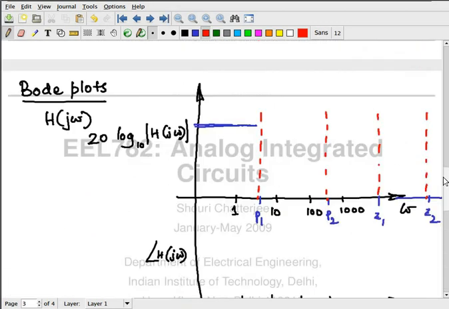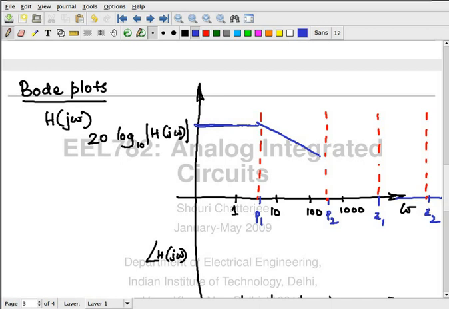So we go back to our curve and we say that after P1, an octave is a doubling of omega, a decade is 10 times. After P1, the gain drops by 20 dB every decade or 6 dB every octave. Agree?